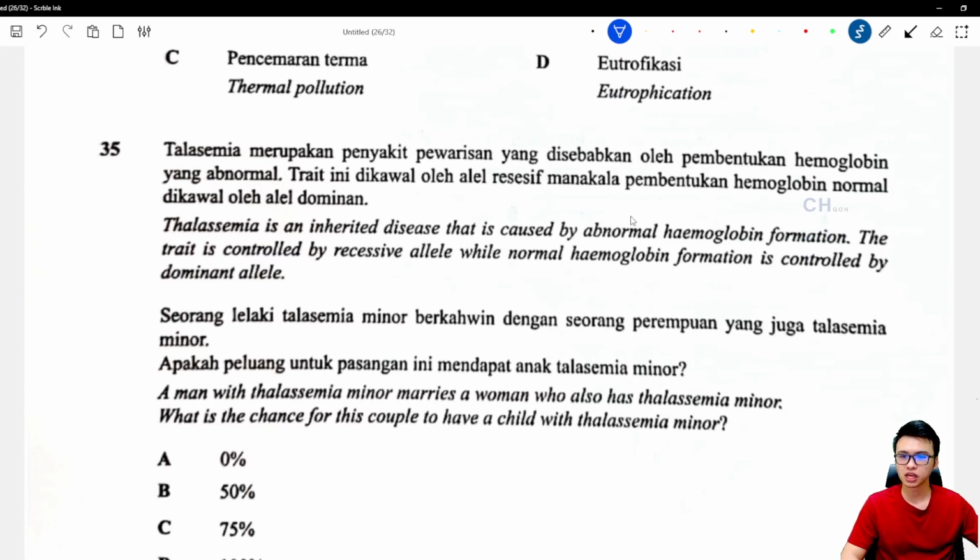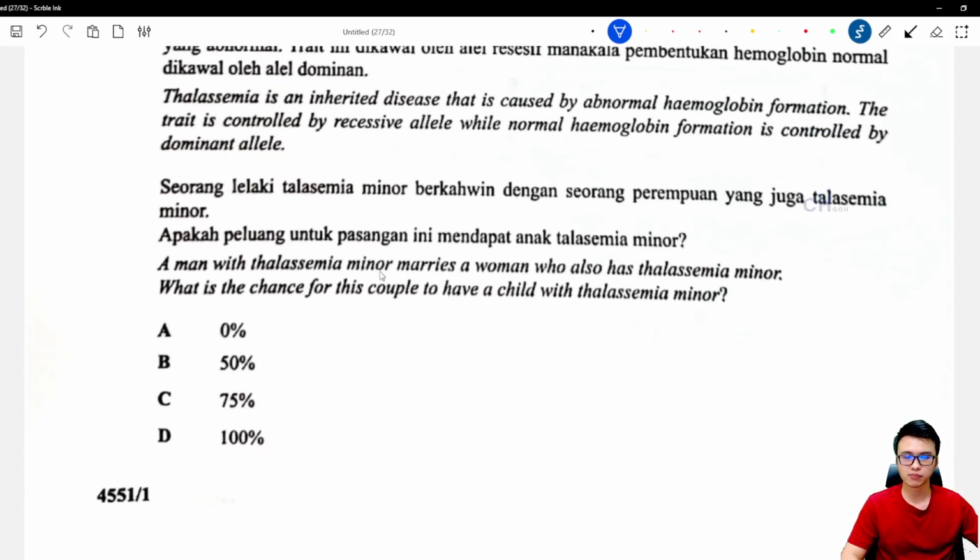Okay, question 35. A man with thalassemia minor marries a woman who also has thalassemia minor. So what is the chance for the couple to have a child with thalassemia minor? Minor means it's a carrier. Let's make the capital T the dominant normal allele, and the small t the allele for thalassemia.